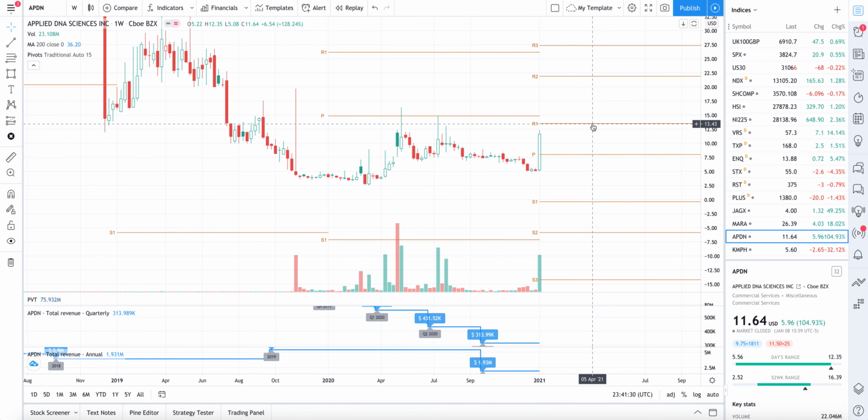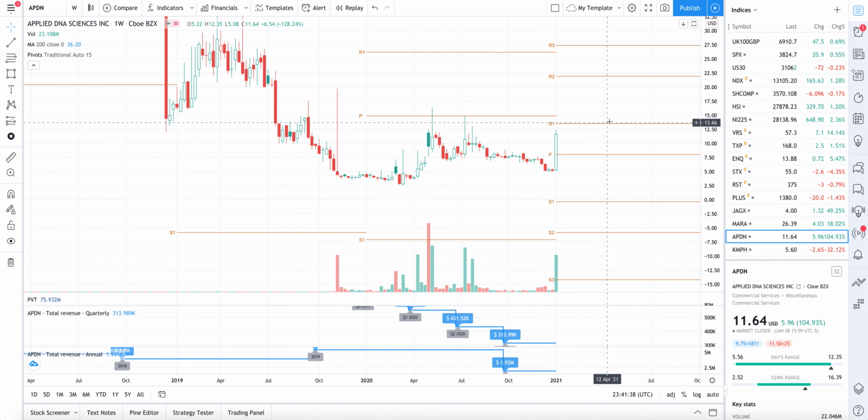We'll see how we get there, and come back and check if it develops some kind of structure for us. But if it takes out R1 and is comfortable above 14, we'll look at the price action then to see if we get a potential setup to target 22. But at the moment, the next level is 13.5 on a weekly chart.